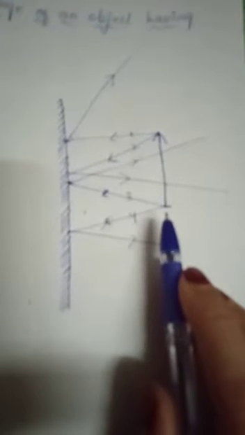But if you find the origin of these diverging rays, for ray 1 and ray 2, and for ray 3 and ray 4, if you find where the reflected rays are coming from, which point they are coming from, then find the origin. This is R1, R2, and this is R3 and R4.